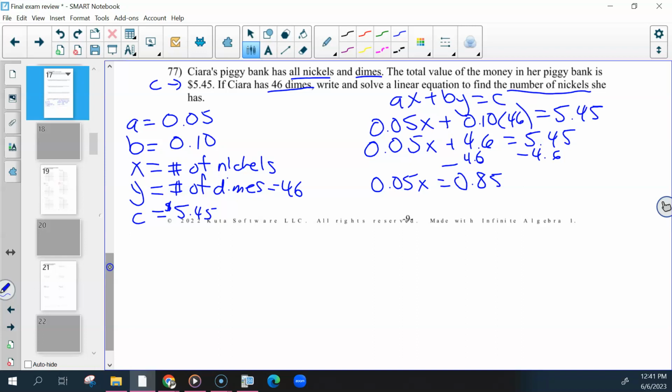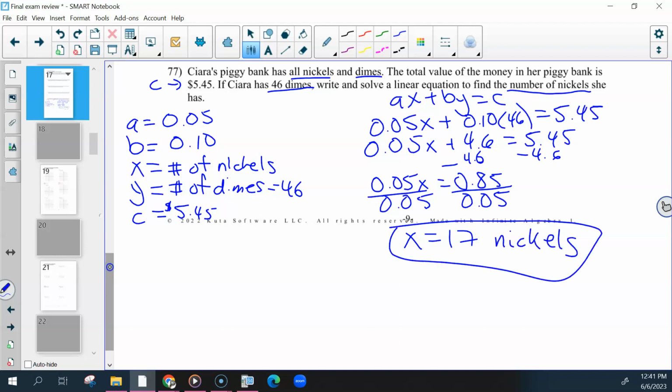And divide both sides by 0.05, sorry. 17. And label it because we're looking for a specific thing, so 17 nickels. Do we have any questions about that?